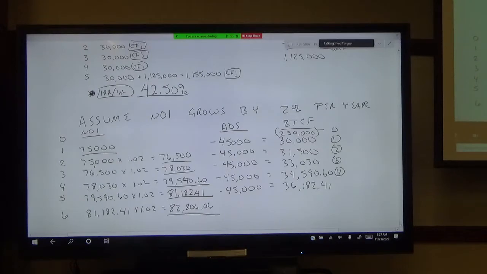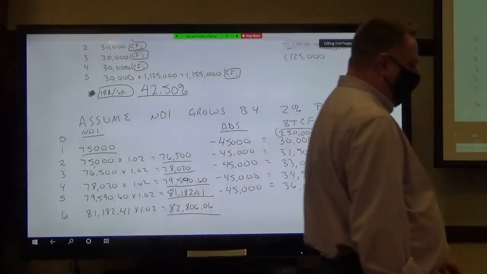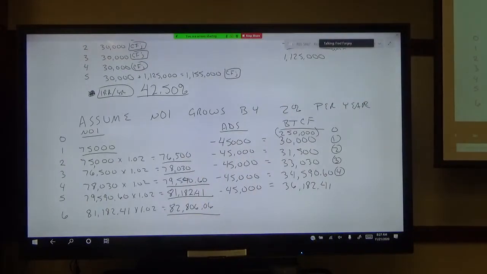All right, now, for the 5th year residual. If you remember from our discussions, what do we typically do? If we say the property is sold at the end, in this case the end of the 5th year, what do we use as our NOI to calculate the residual?